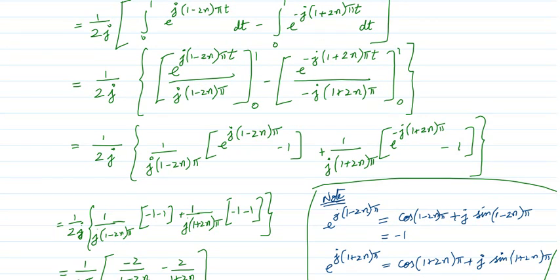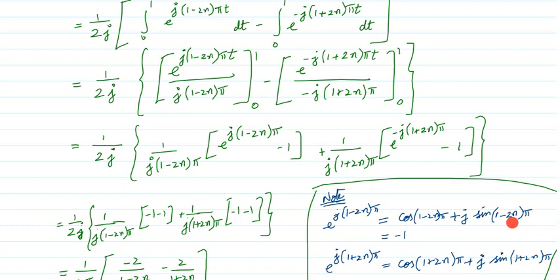Now the important thing to see is the value of e power j (1 minus 2n) pi. I can write e power j theta as cos theta plus j sin theta. Whatever the value, sin of multiples of pi is always 0.